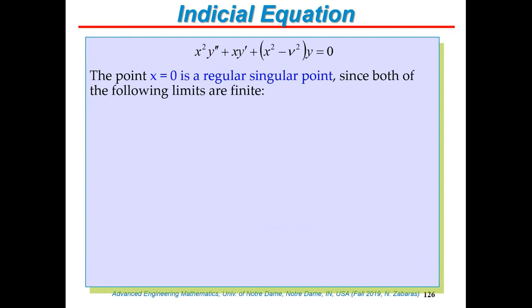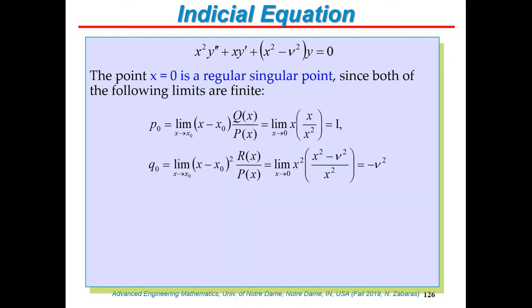All right, so let me remind you that x equal to 0 is a regular singular point. And so what we're going to do is compute these limits that you see in these equations in the middle. Because q and p are polynomials, we can see that x equal to 0 is a regular singular point because these limits that you see here are finite.